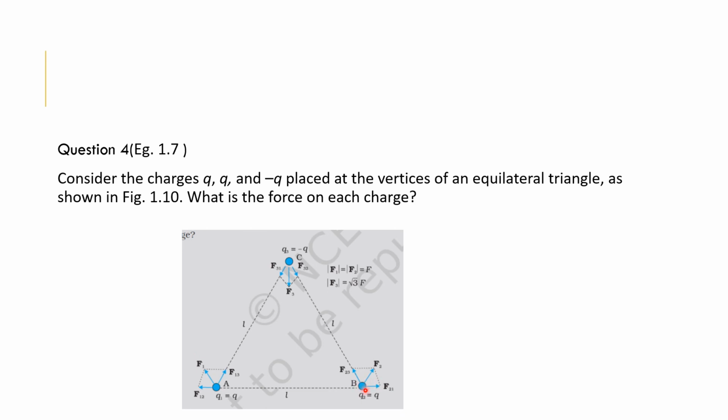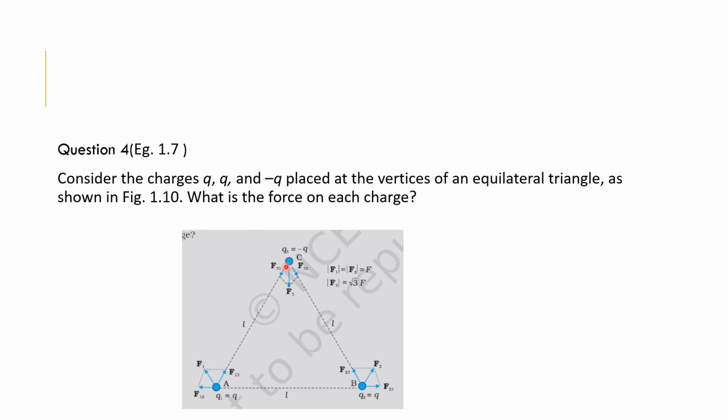Similarly, find out the force at point B. The direction of force on charge 2 due to 1 will be away from it, repulsive. Force on 2 due to 3, F23, will be attractive, so towards it. The resultant of these two will give you F2. Now, the force on charge 3 is due to 1 as well as 2.